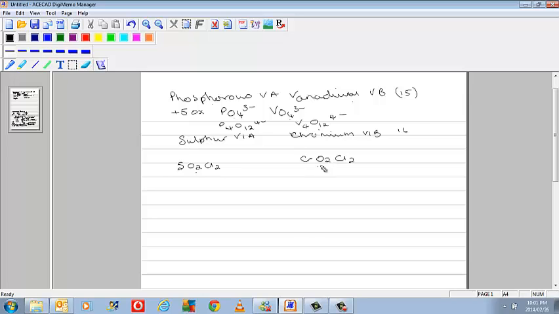The chromates and dichromates are strongly oxidizing. Chromates, dichromates, are similar in structure compared to sulfates and pyrosulfates.